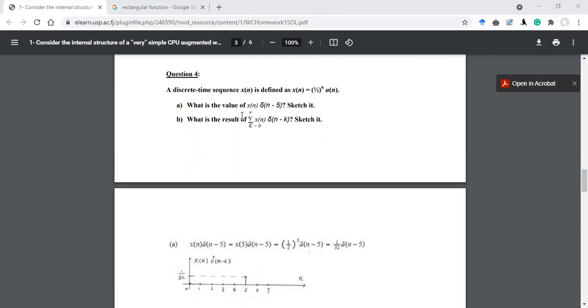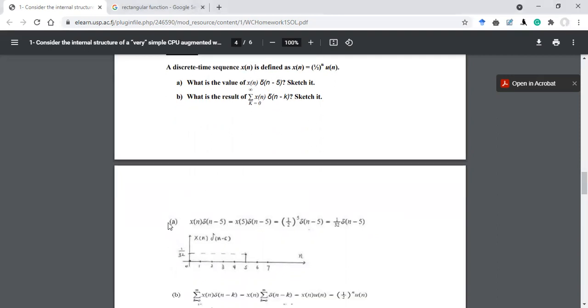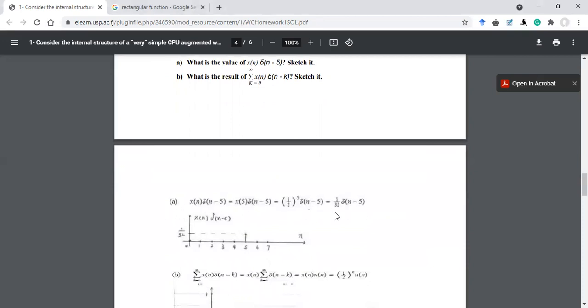If you were to plot these, we can also mathematically evaluate this based on these functions. This is a computation that has been done, so let me just explain how we get this. Just because of this delta function, we will only have an impulse value when we have delta of 0.